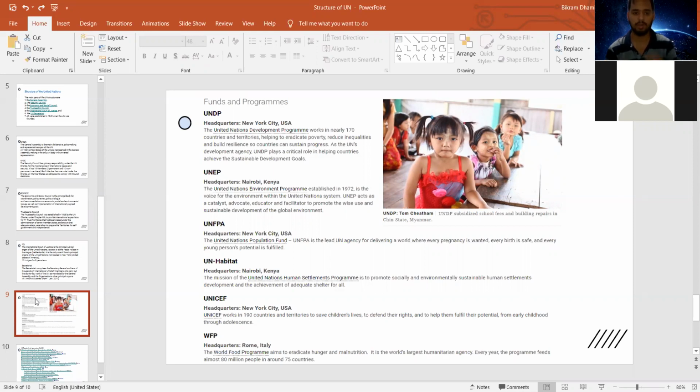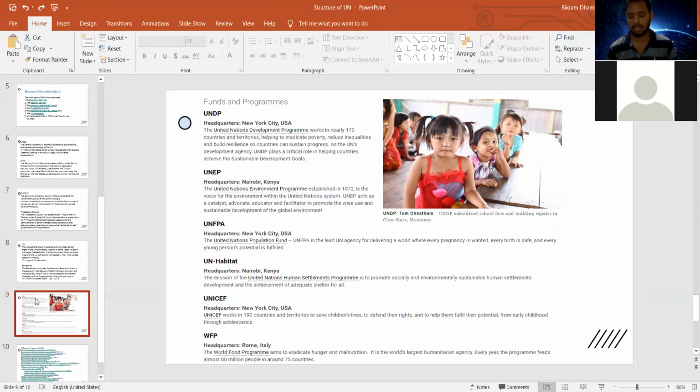UNDP plays a critical role in helping countries achieve the Sustainable Development Goals. As I have already mentioned, there are 17 SDGs initiated by the United Nations, and UNDP is the chief body for executing the SDGs.